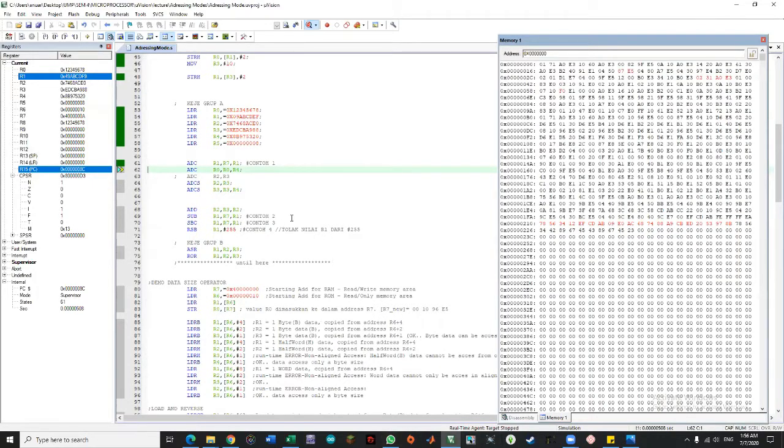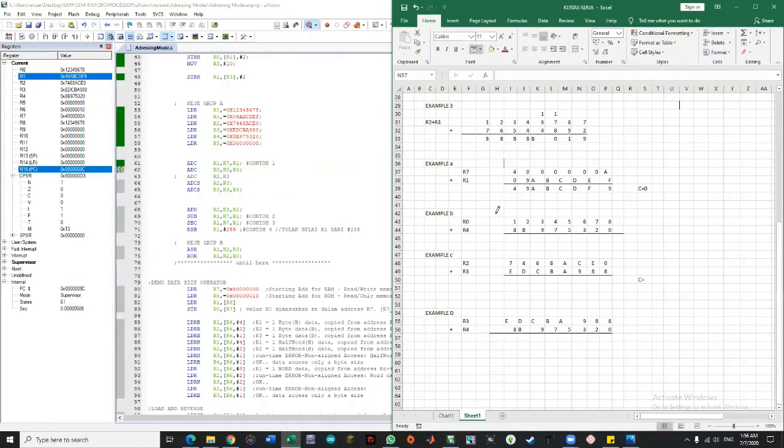And the second example is R0 plus R4, stored in register R0. From the example here, I can see that 8 plus 0 is 8.